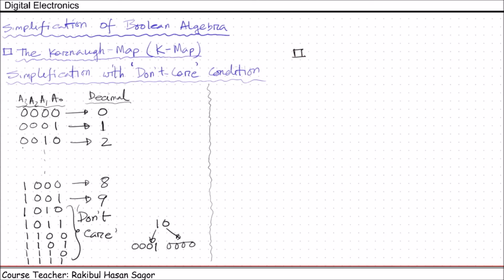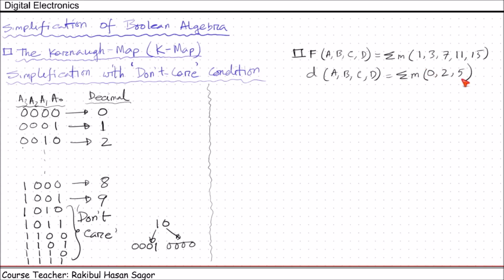Suppose a function is given where f(a, b, c, d), that means there are 4 variables, is having summation of min terms 1, 3, 7, 11, 15. And the don't care condition for a, b, c, d is given as summation of min terms 0, 2, 5.